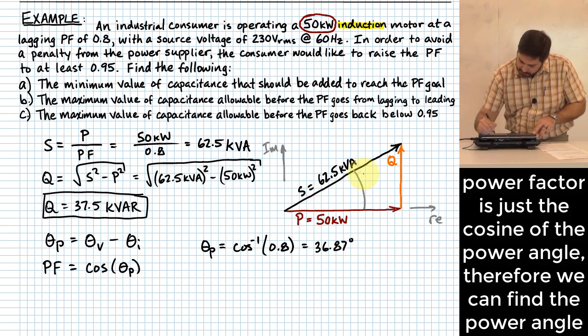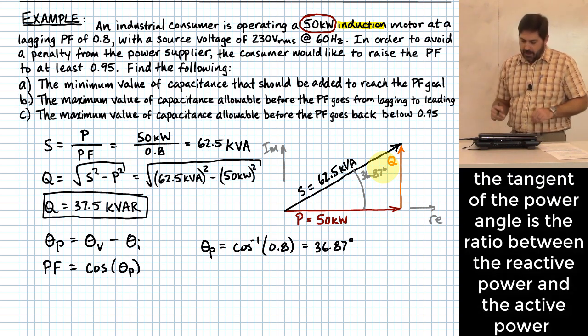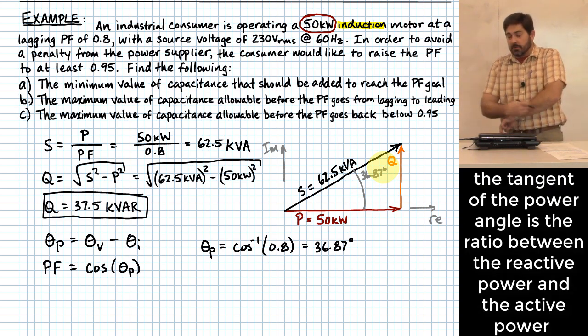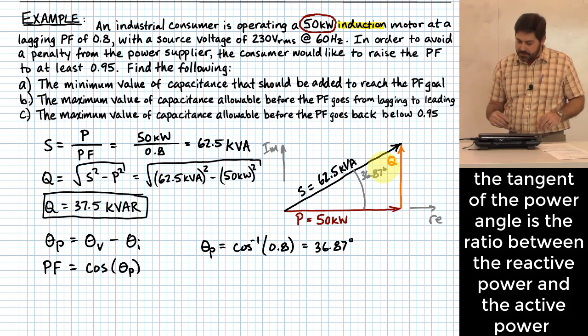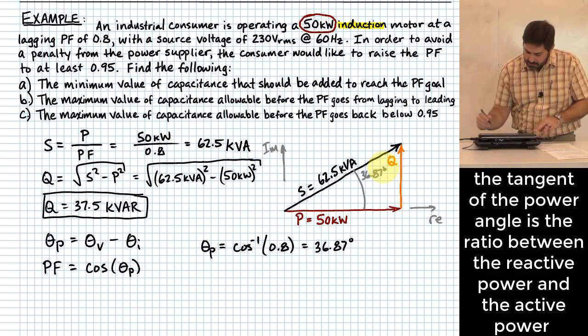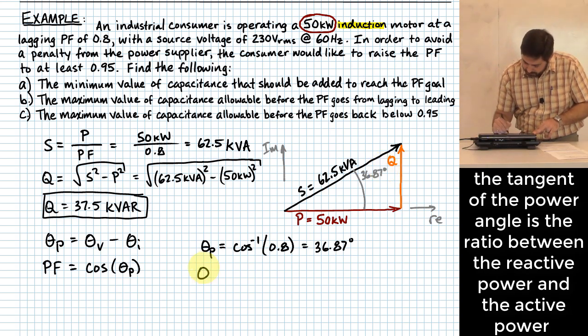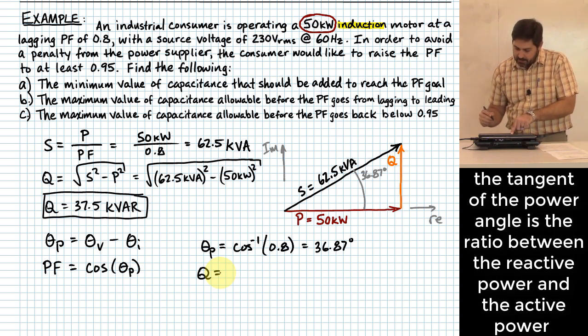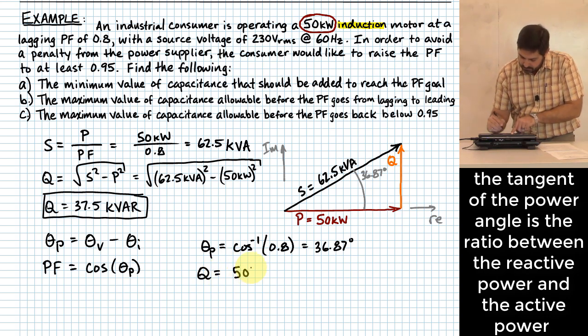This is our 36.87 degree angle. Once you know that angle, the other trig rules for this triangle still hold, and so that means that Q can be found by taking 50 kilowatts and multiplying by the tangent of that angle.